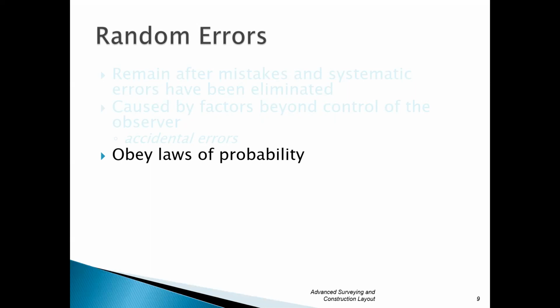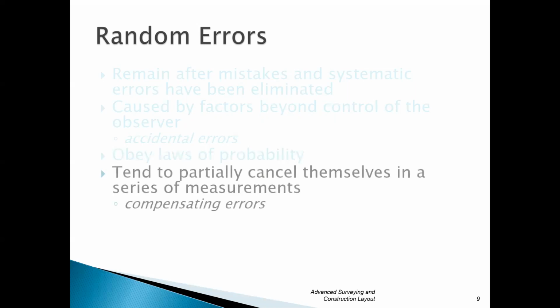A lot of people will use redundancy and then average them out. That's probably not the best way of doing things, but they do tend to practically cancel out in a series of measurements, so they're sometimes referred to as compensating. That's why a lot of times we take several measurements and then average them, because what we're doing is getting rid of those.